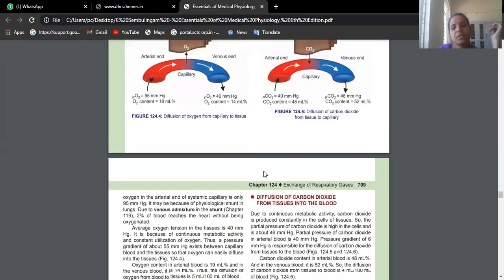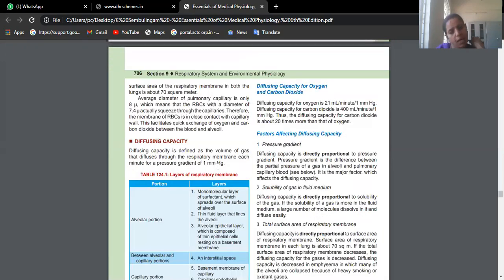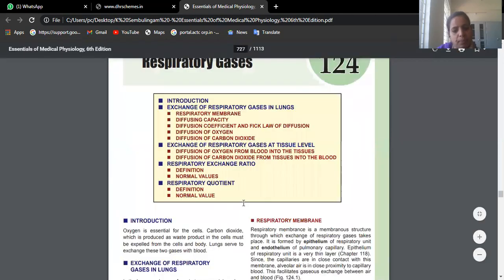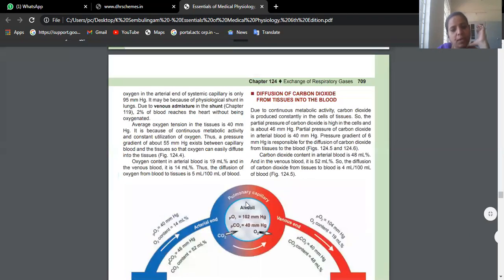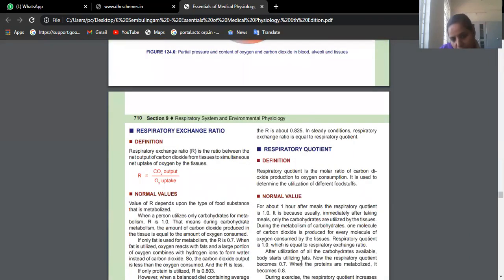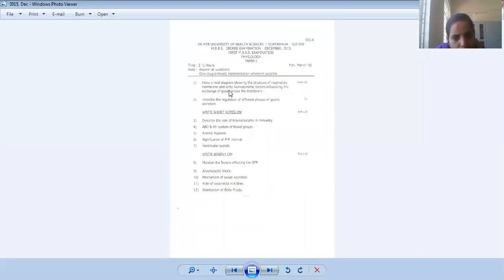These are the things you should frame into sentences and write for this answer, exchange of gases. Read once. I gave you clear-cut concepts and you will definitely be able to understand and write better. We also discussed this when we were doing the respiratory system. In the diagram we have drawn, the hemodynamic factor is nothing but pressure changes which facilitate exchange of gases.